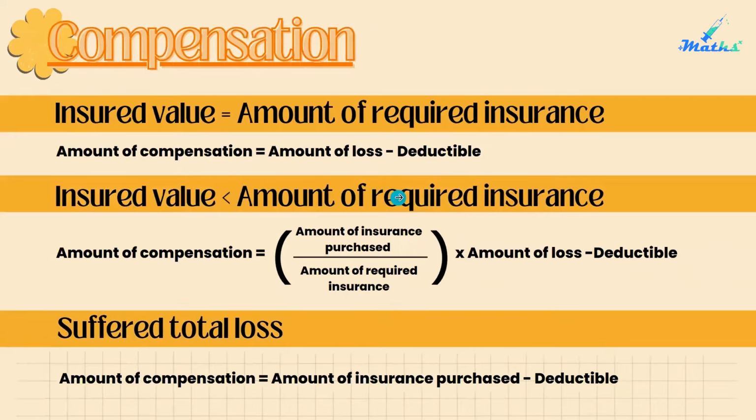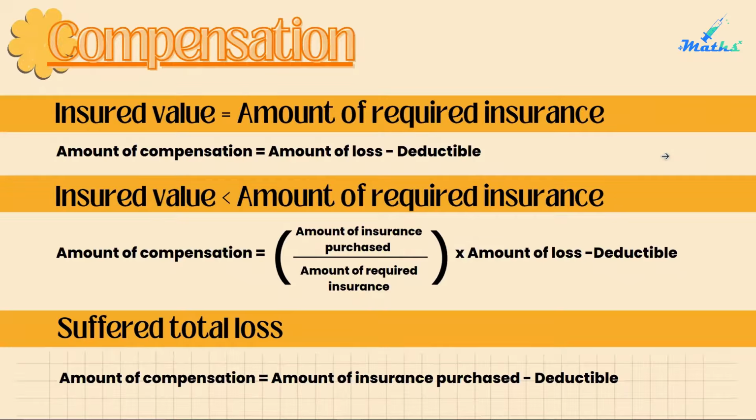So next, let's see how to calculate the amount of compensation. If the insured value is equal to the amount of required insurance, the calculation of compensation will be the amount of loss minus the deductible.